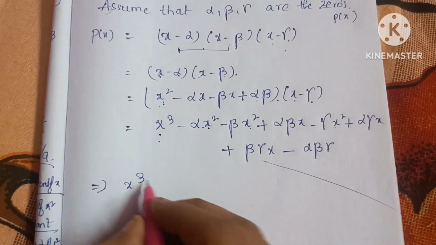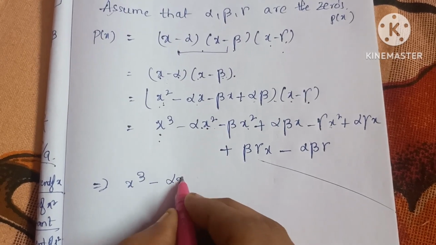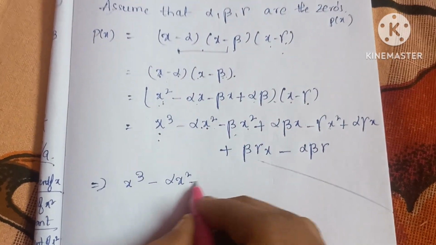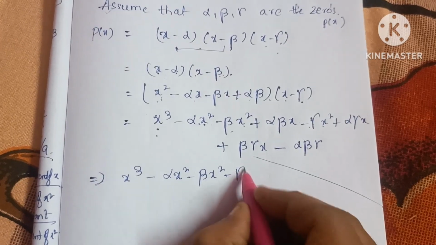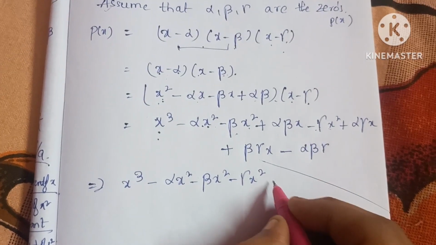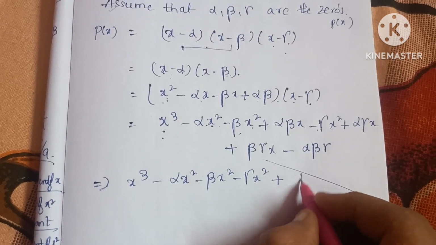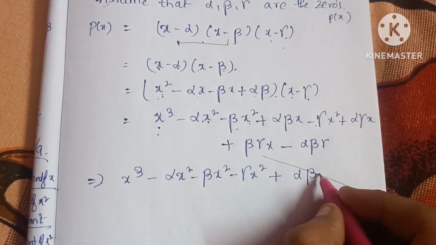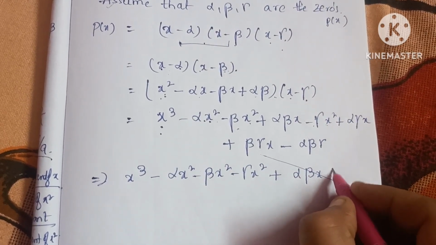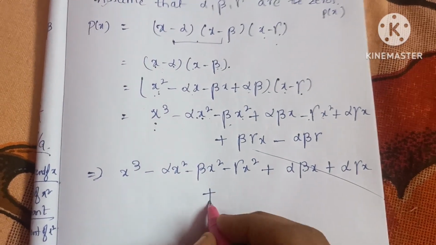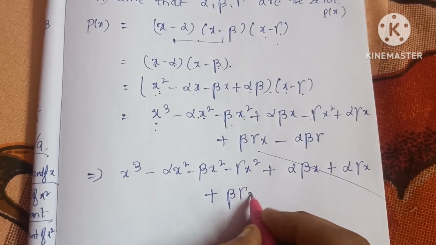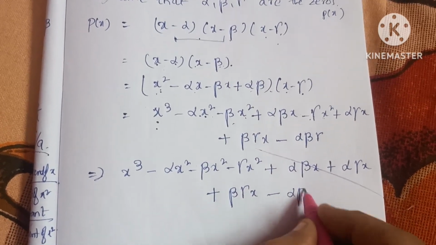So x cube minus alpha x square minus beta x square minus gamma x square plus alpha beta x plus alpha gamma x plus beta gamma x minus alpha beta gamma.